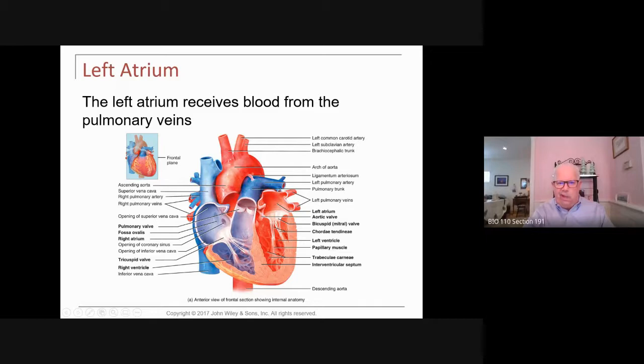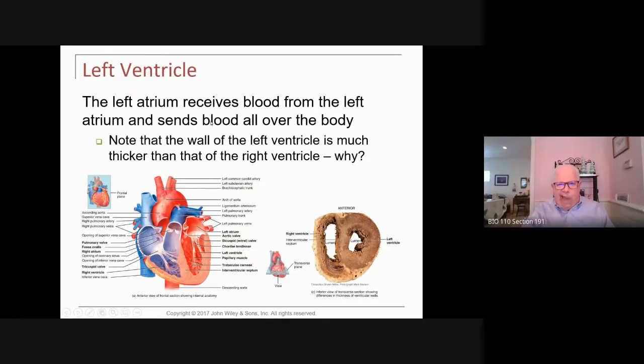If you look here, these are the regular veins: the superior vena cava, the inferior vena cava, the coronary sinus. But if you look at the pulmonary veins, they're red. They're carrying oxygen. So from the lungs, pulmonary veins carry oxygenated blood into the left atrium. All right? The left atrium receives blood.